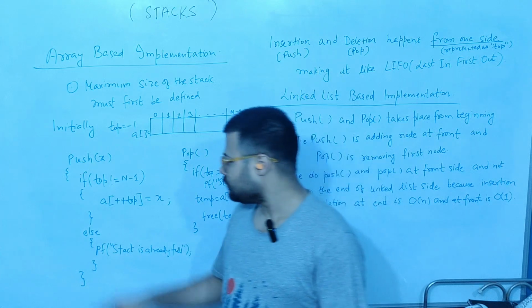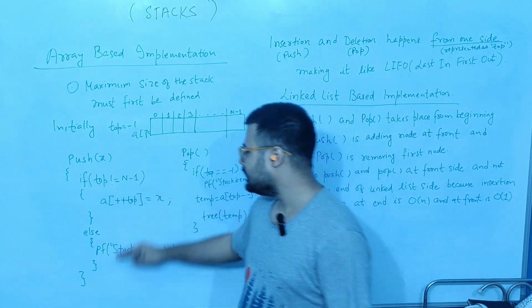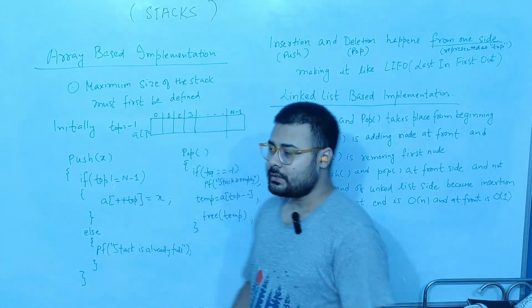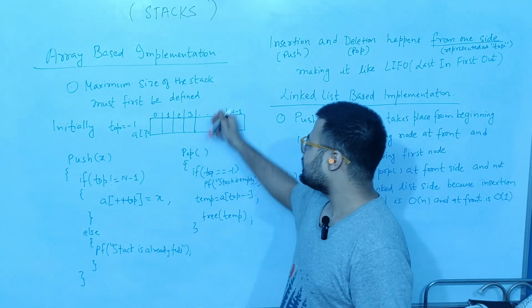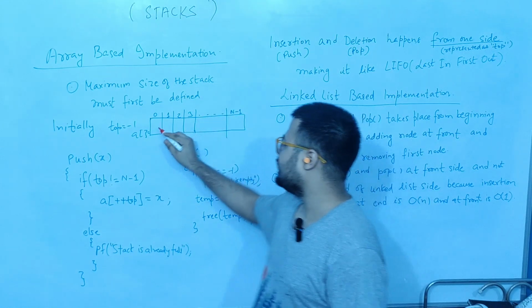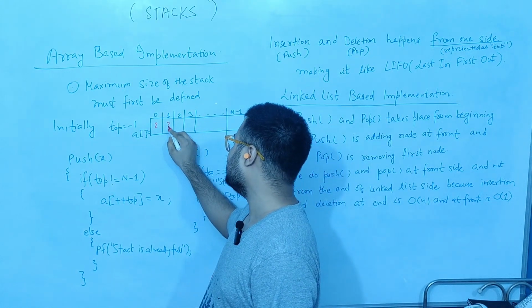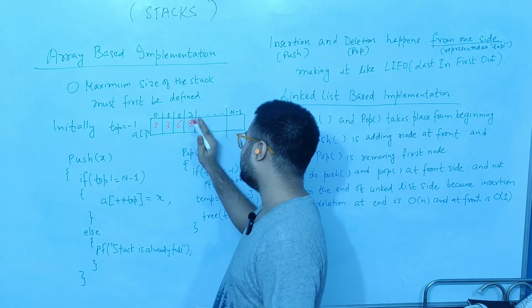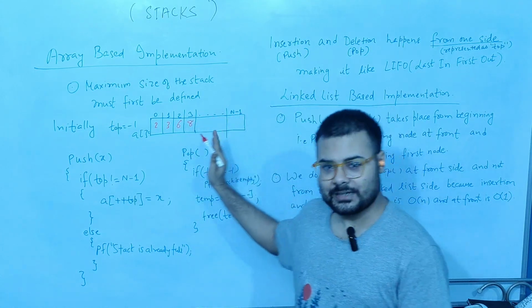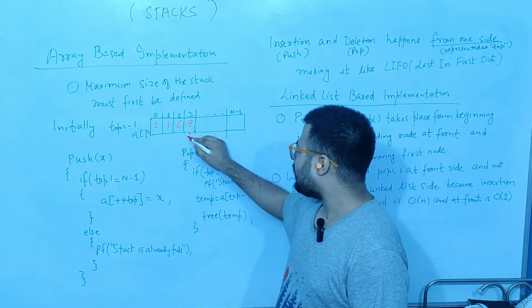That means you are just going to call push and pop, and internally they are implemented in a manner that push means adding at the topmost position. Let's say your elements right now are 2, 3, 6, 8, and the rest of the stack is still empty. Then this is the top element.